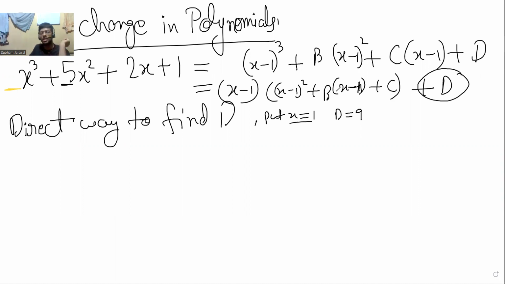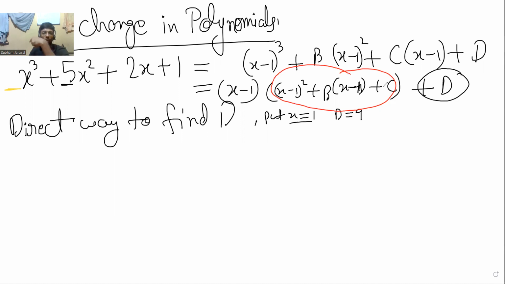So now try to understand that to find the C, we have to now divide the quotient by x minus 1 and the remainder you get then is C. So D was the remainder when the original polynomial was divided by x minus 1.